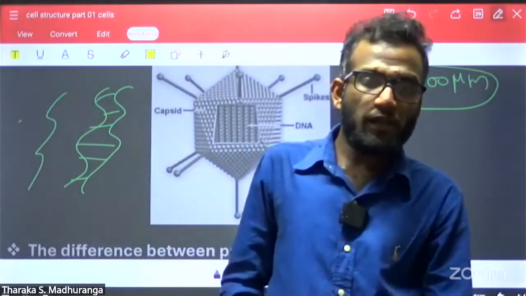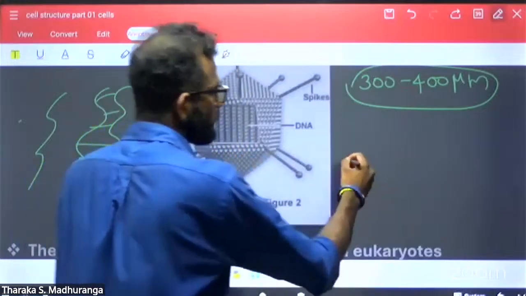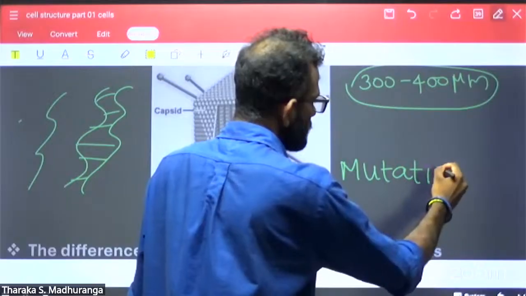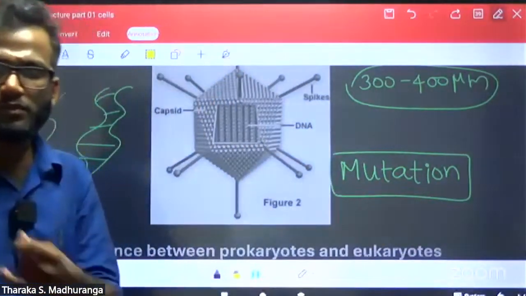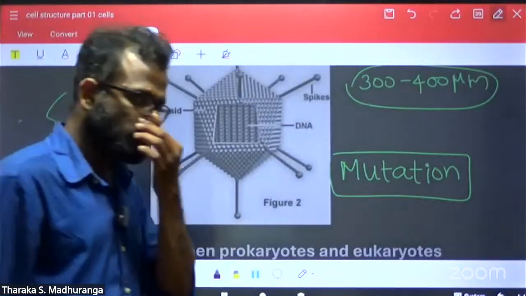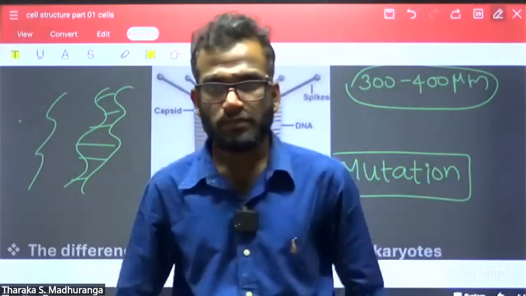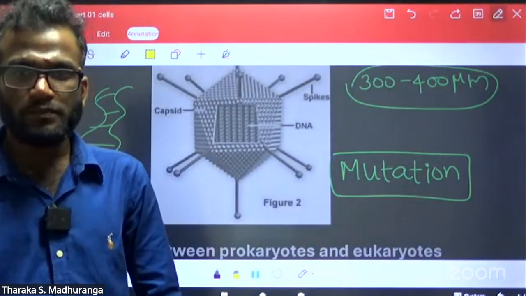Therefore, do you know the mutation? What is the meaning of the word mutation? Meaning? Mutation? Mutation කියන්නේ මොකක්ද? What's the meaning of the mutation? Mutate වෙනවා කියන්නේ?